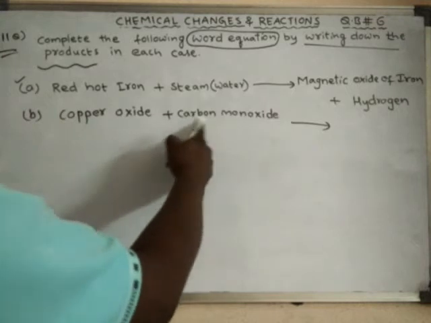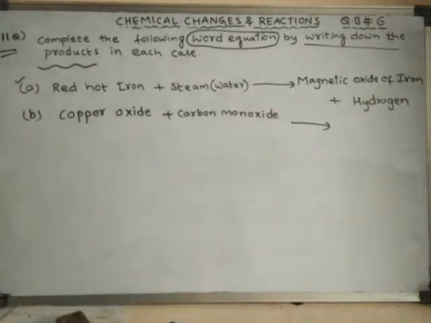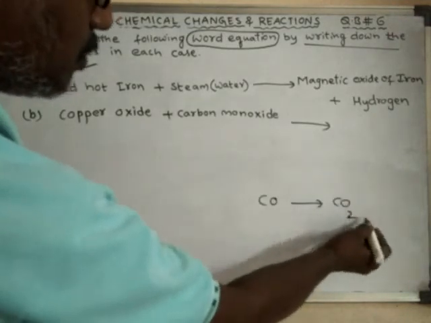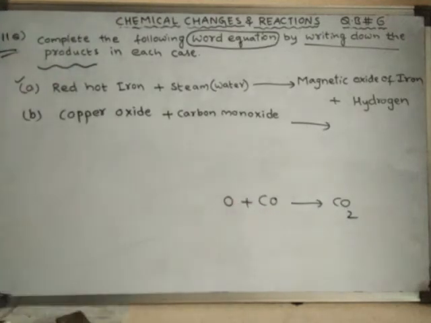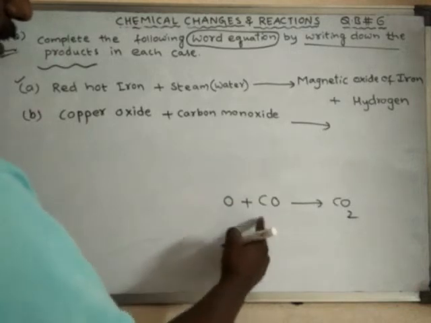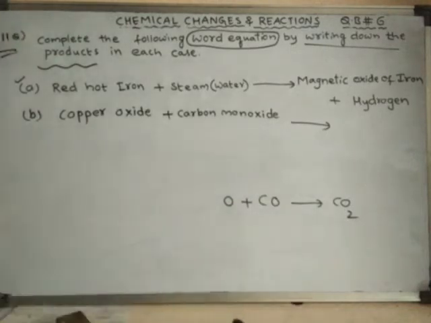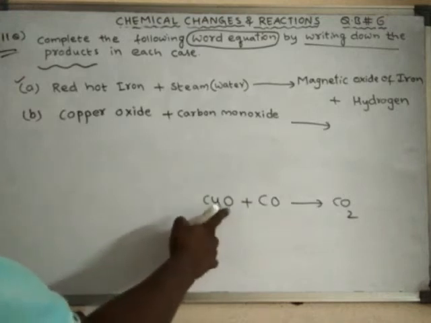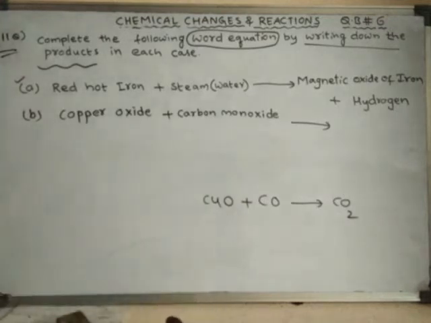This carbon monoxide is a reducing agent. Always remember that carbon monoxide is a reducing agent. That means carbon monoxide will try to convert into carbon dioxide by taking oxygen. Copper oxide is ready to lose oxygen.